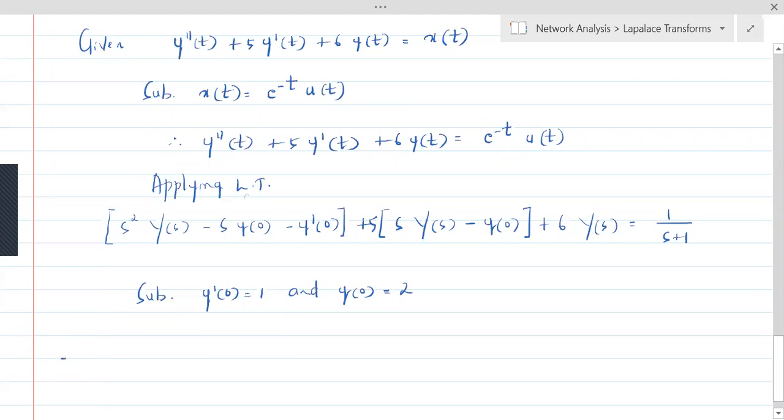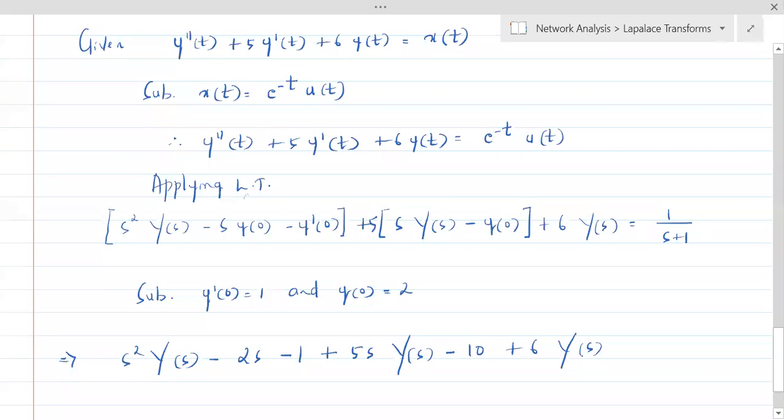This implies s square capital Y of s minus 2s minus 1 plus 5s Y of s minus y of 0, which is 2, so 2 into 5 would become 10, plus 6 Y of s equal to 1 by s plus 1.